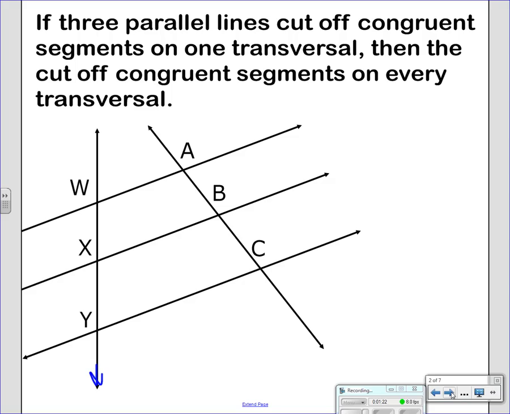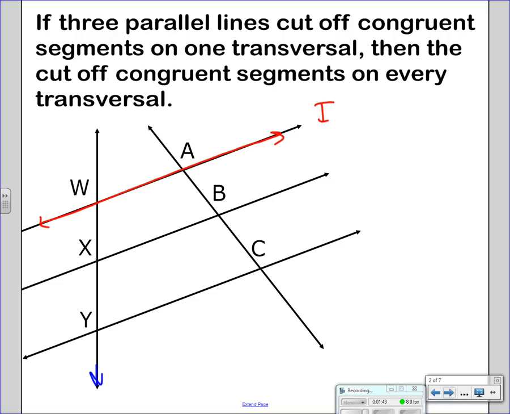Another theorem that we're going to talk about in this section, which we're going to be dealing with a lot of algebra problems, is: if three parallel lines cut off congruent segments on one transversal. So let's talk about what that means. I have WA.